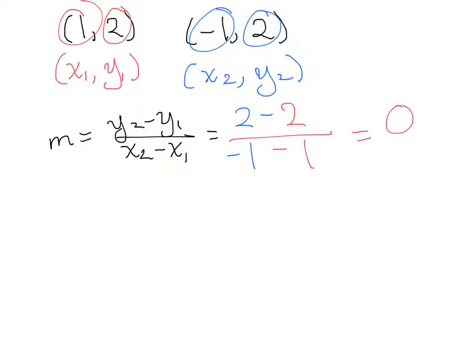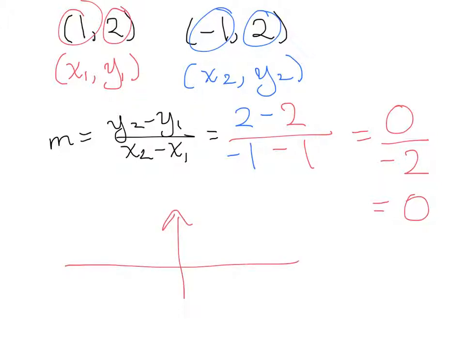So I have 2 minus 2 is 0, and -1 minus 1 is -2. 0 divided by anything is 0, so this line has a 0 slope. What a 0 slope would look like on a graph, if these are my axes again, is a horizontal line that goes across the graph. So that's what 0 slope means.